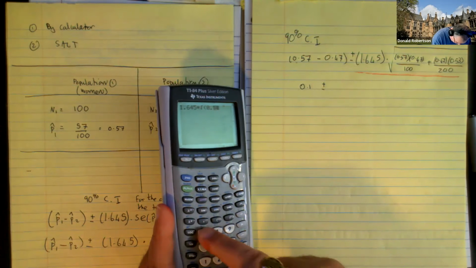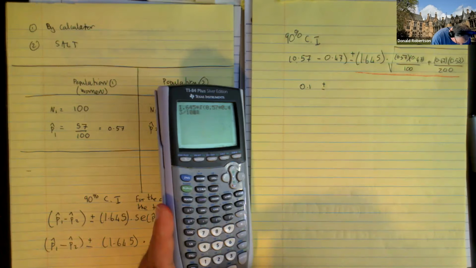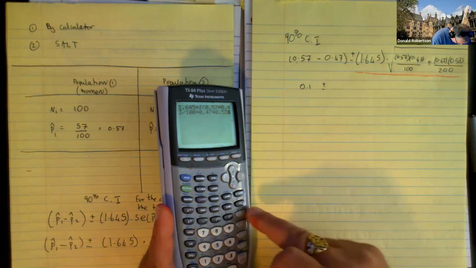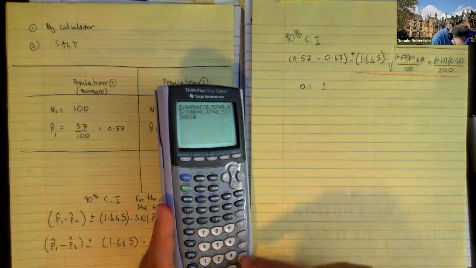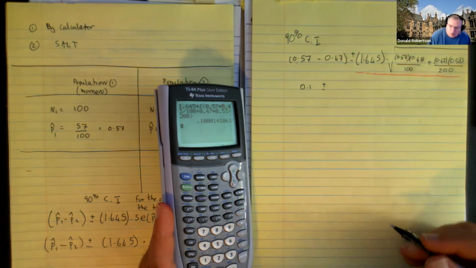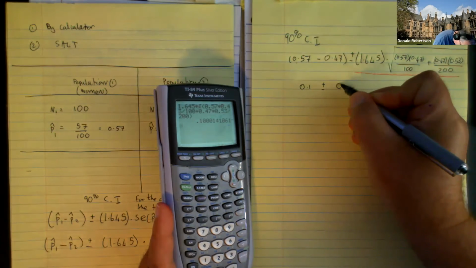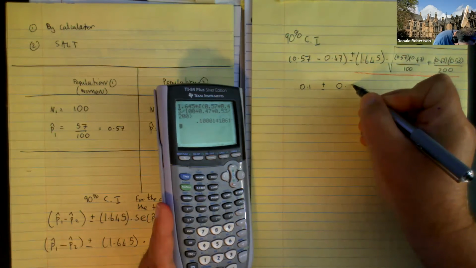So 0.57 times 0.43 divided by 100 plus 0.47 times 0.53 divided by 200. And wow, that's just a fluke. Isn't that a really nice number? To 2 decimal places then, isn't that 0.10?